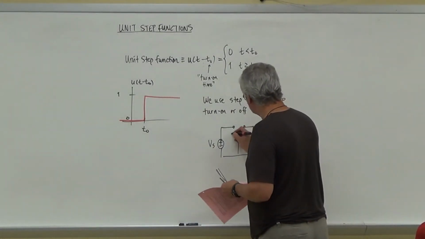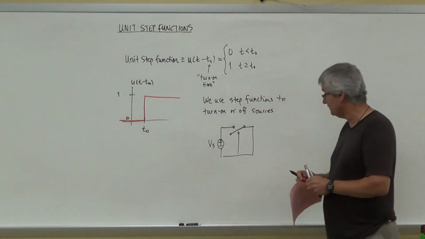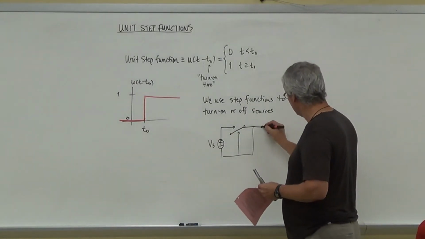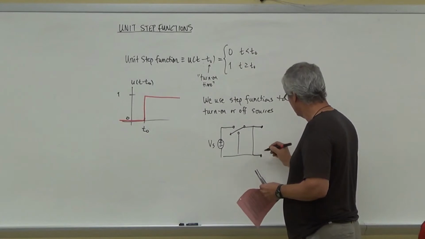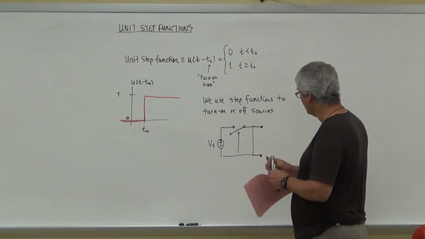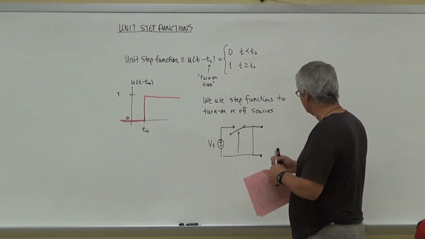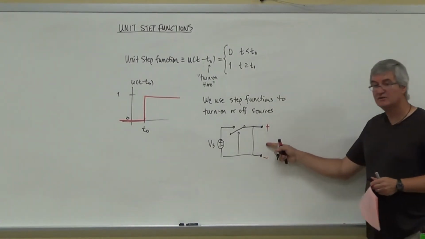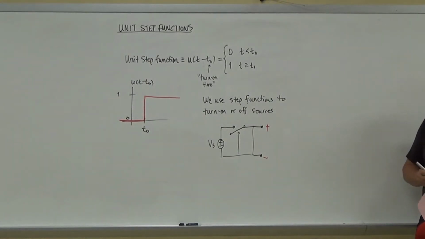But if this is my switch, I'm looking at this point right here. I want to know what the voltage is at this point, so I'll say this is plus or minus, and I'm looking at the drop across this open right here.